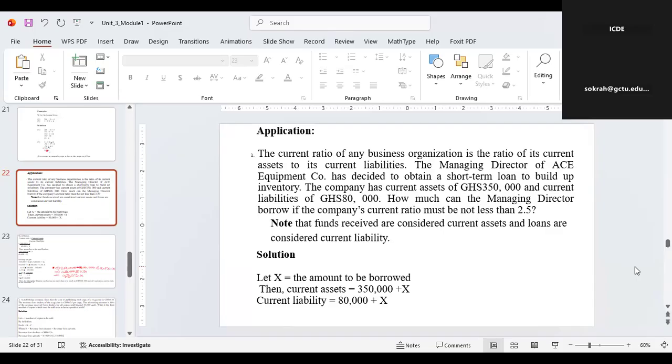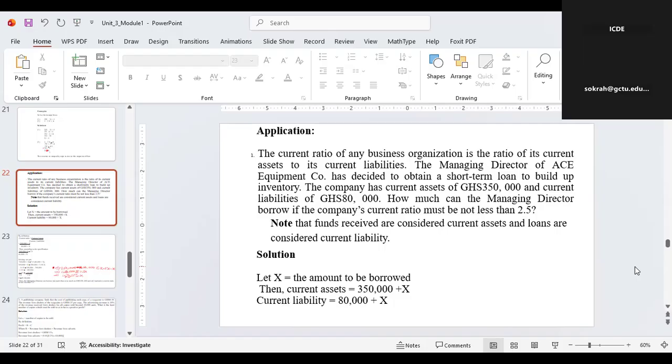How much can the managing director borrow if the company's current ratio must be not less than 2.5? Note that funds received are considered current assets and loans are considered current liabilities.